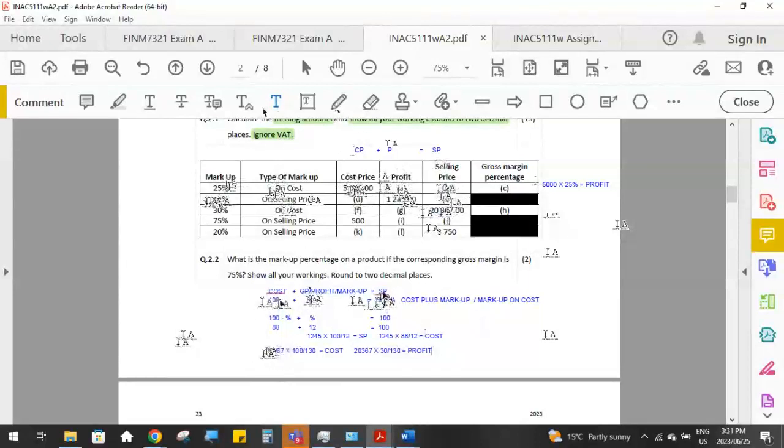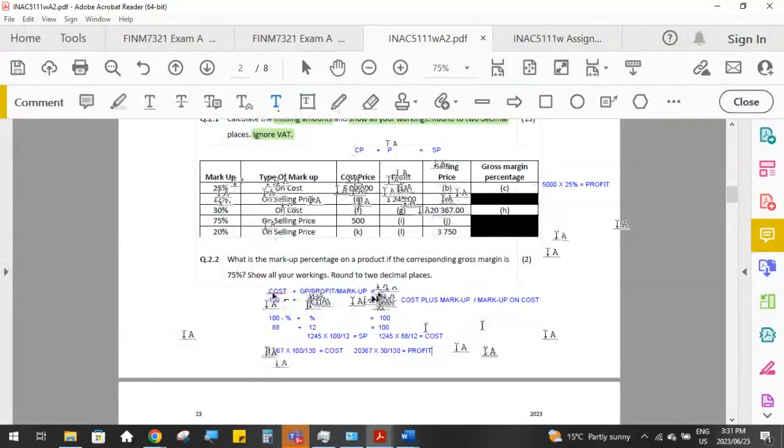We were given the selling price, so we put the 20367 under the SP column. And then if I say 20367 multiplied by 30 over 130, or 100 over 130, then you can calculate those two amounts.